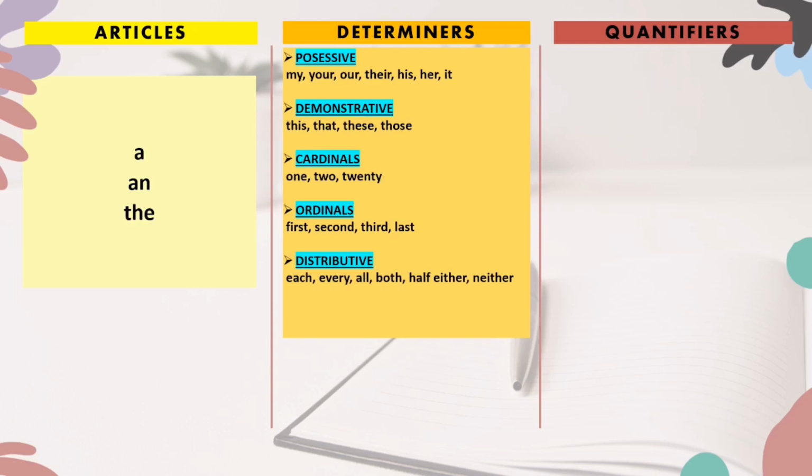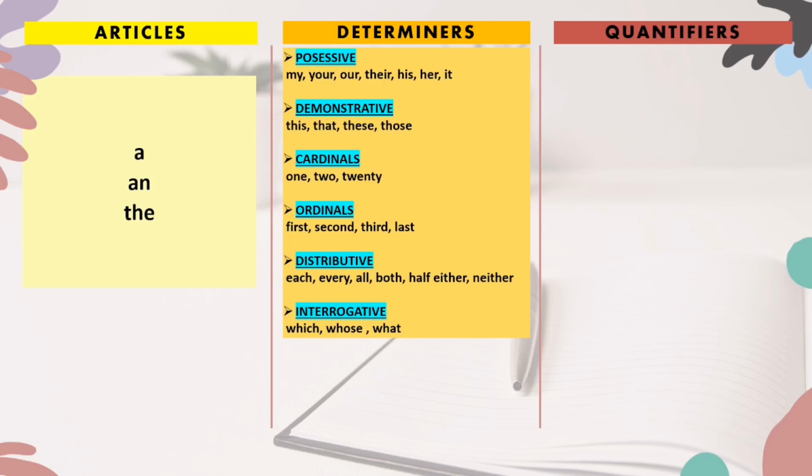Distributive determiners are words like each, every, all, both, half, either, neither. Okay, these are called distributive determiners. And the last one, you have interrogative determiners. Interrogative determiners are words like which, whose, what. Okay, so these are examples of determiners, okay, with different names.